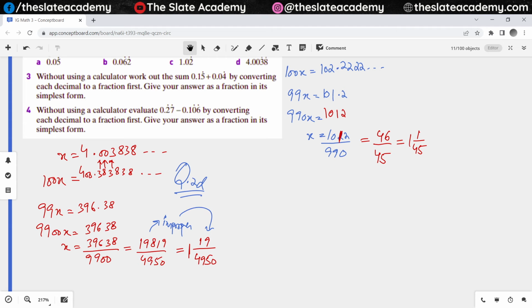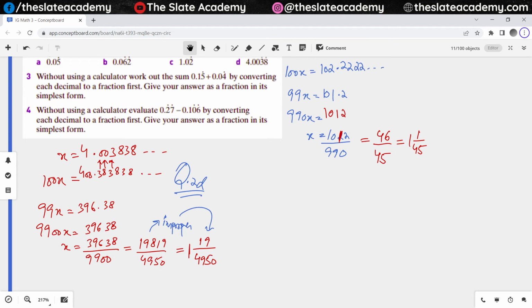The quickest way is on your calculator, 19819 divided by 4950. It gives me 1 point something. Oh, I made a mistake.